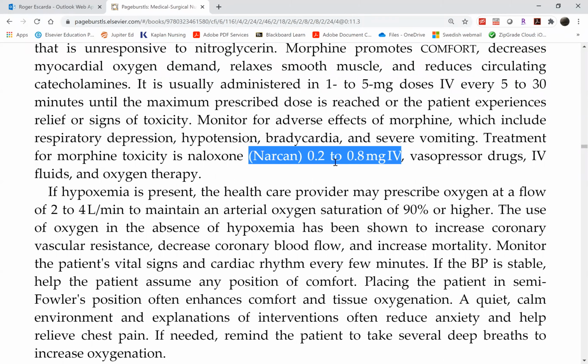The vasopressor therapy, we will discuss later because this is used for cardiogenic shock, to increase cardiac output and blood pressure, which happens when the patient goes into cardiogenic shock, which is in chapter 37. So we'll discuss and test that one later for the final exam.